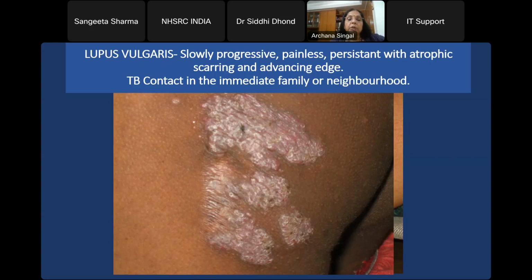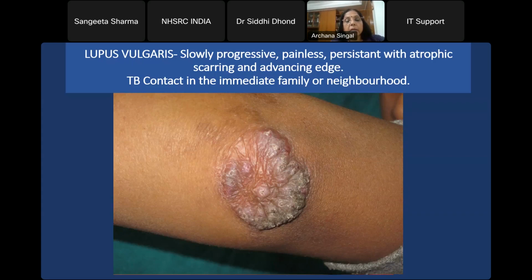Again, the lesion has been present for 2 years. There is atrophic scarring and an advancing edge. Next. Again, I have added a few pictures just to make sure that you understand that if this kind of lesion is present, it can be skin tuberculosis. It is asymptomatic, very slowly progressive, and ask about the family history.